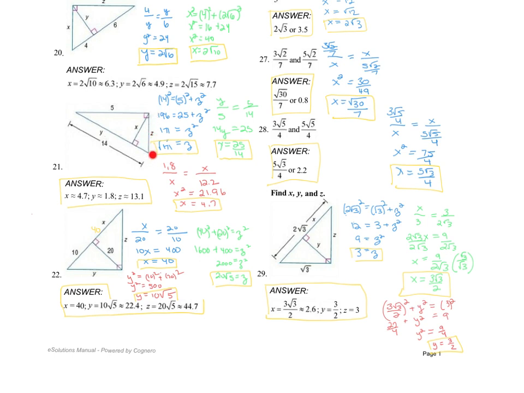And so that's a leg. So z is a leg, 5 is a leg, 14 is the hypotenuse. And so I can figure out that z is going to be the square root of 171. And you can see down here that they gave me the decimal approximation.